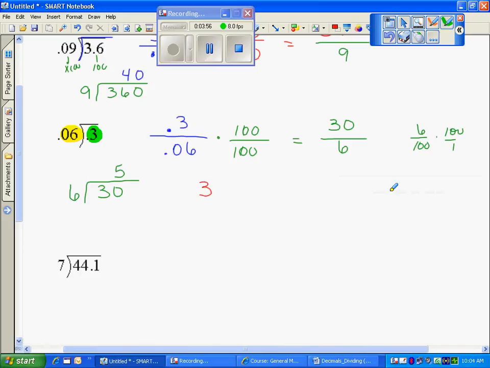I have 3 dimes, and I want to know how many piles of 6 pennies can I make? Well, if I have 3 dimes, that means I have 30 cents, and I'm going to divide that 30 cents into 6 piles. Therefore, I get 5 piles total.